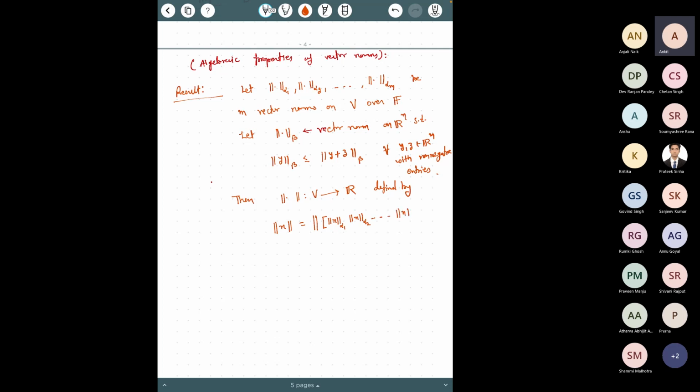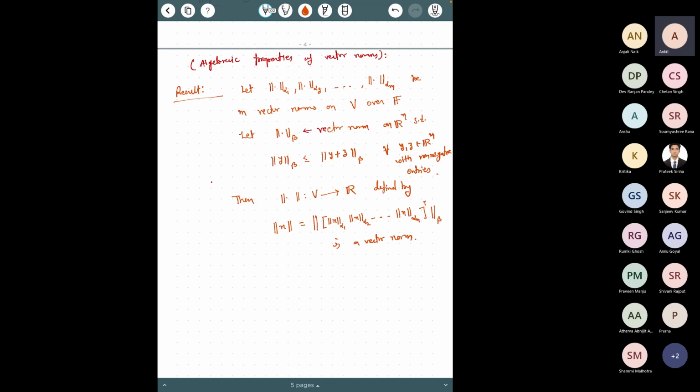The mth entry is the alpha m norm of x. This is a column vector, and then take its beta norm. This function is a vector norm.